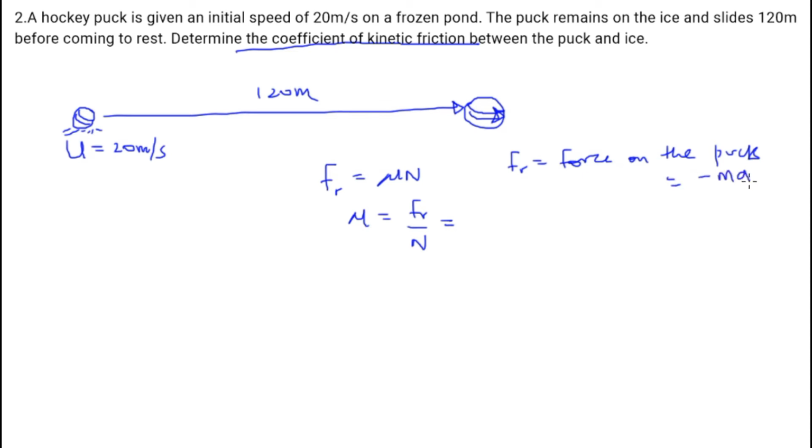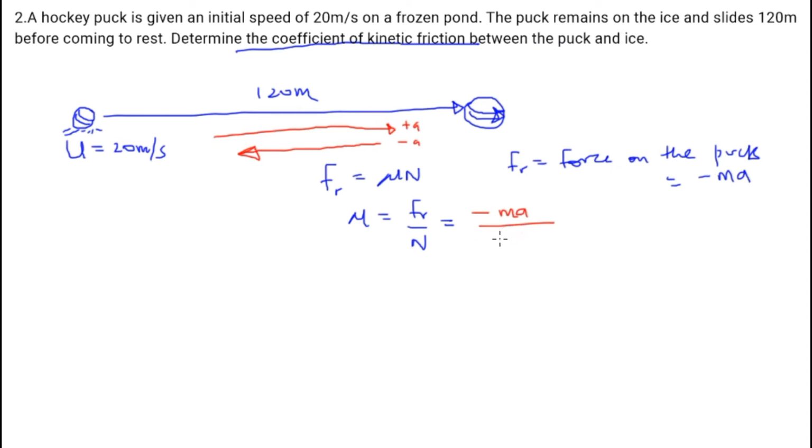That's equal to minus ma, because it is along the negative acceleration. That is, the object moves in this manner, and the frictional force opposes the motion and acts in this manner. So this is plus a, and then this is minus a, due to the frictional force. So the frictional force on the object is the force on the puck, and it acts opposing the acceleration of the object, which is minus ma.